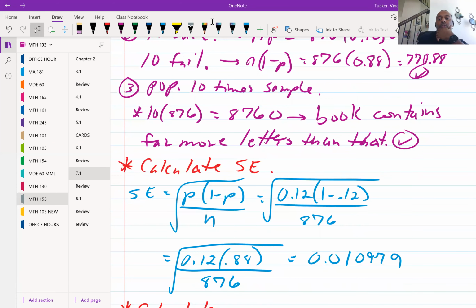All right, and we get 0.010979. So you always want to round this out to at least 4 or 5. I like to go 5 or 6 because the more decimal places you go out, the more accurate your answer will be. So I always go 5 or 6.